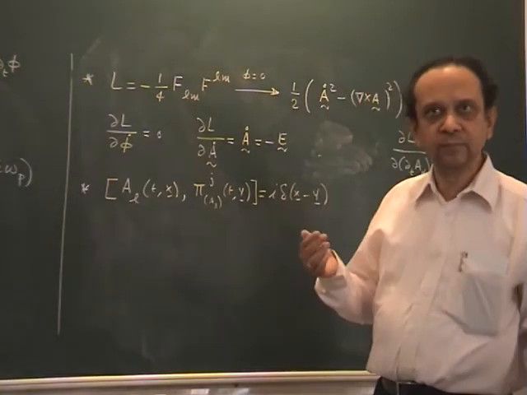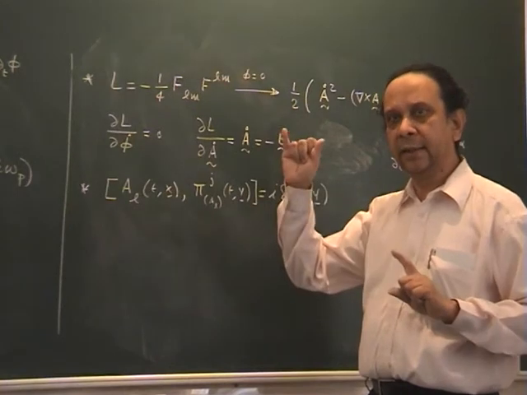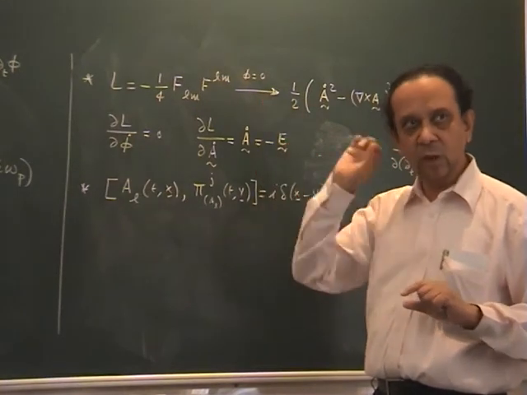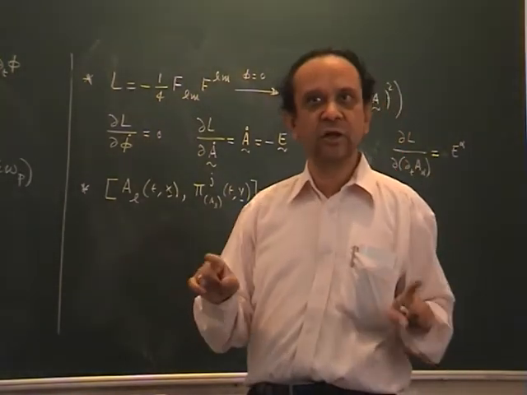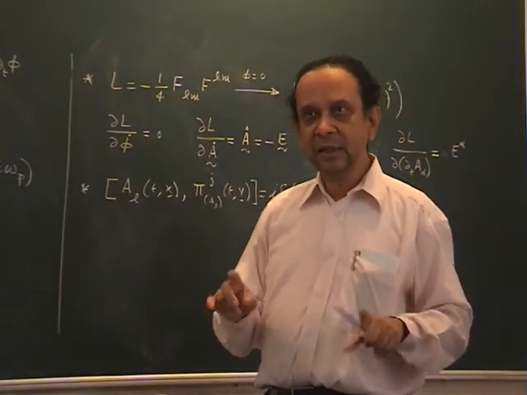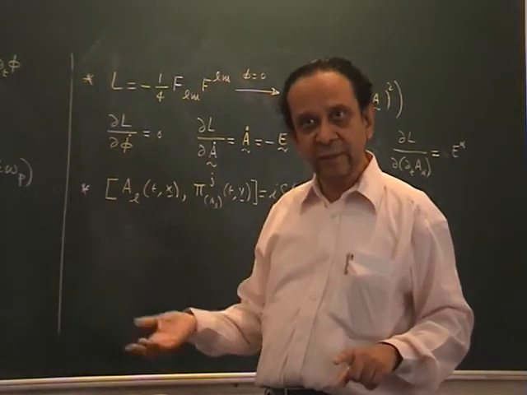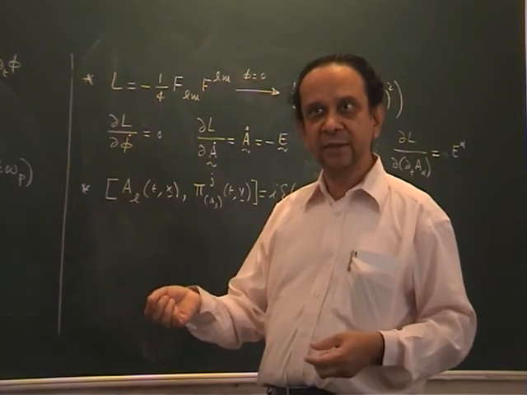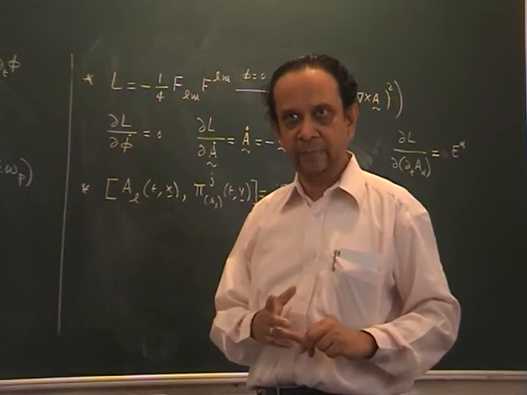This is our rule, right? So we had two ways of doing the quantum theory of a classical field. One was to go to the harmonic oscillator basis and quantize each harmonic oscillator. The other was to impose this commutation rule, solve for the equations, find the mode functions, identify a and a dagger, and the harmonic oscillator will come out.